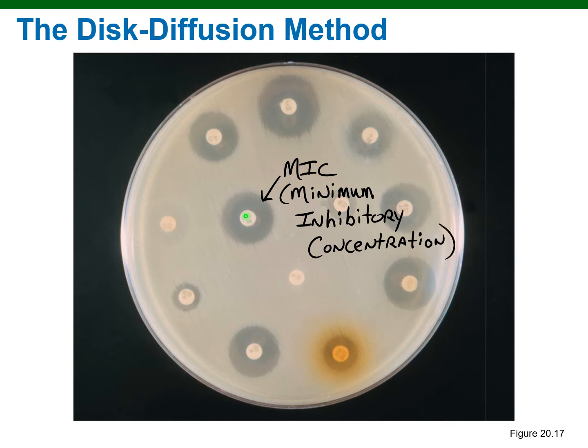So if we look at a given drug, like the one on this disc here, that particular area has the highest concentration of the drug, right where the disc is. That's where the bomb dropped, so to speak.